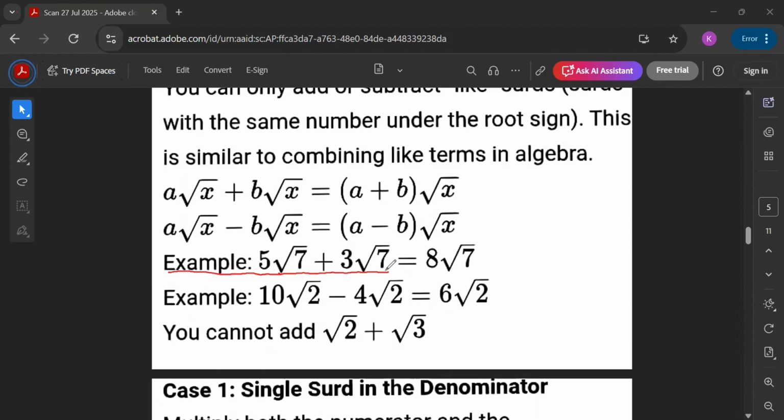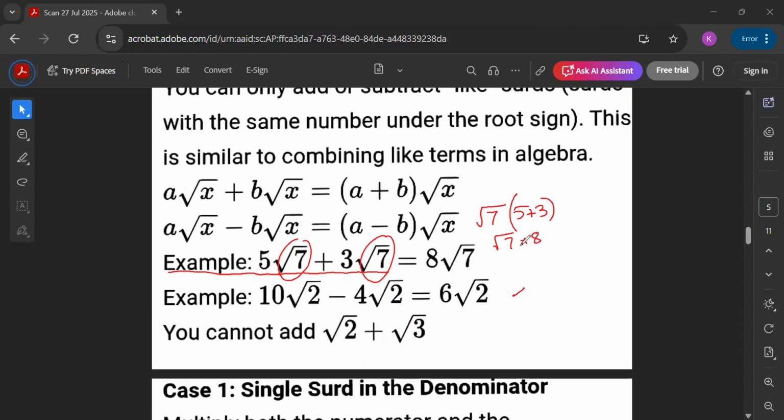Over here, the first term contains square root of 7, the second also contains square root 7. So I'm going to take square root 7 common. Left inside is 5 plus 3. So square root of 7 multiplied by 5 plus 3 is 8.